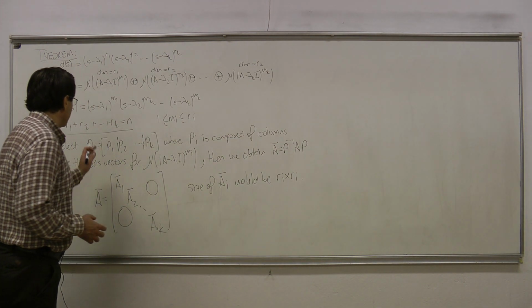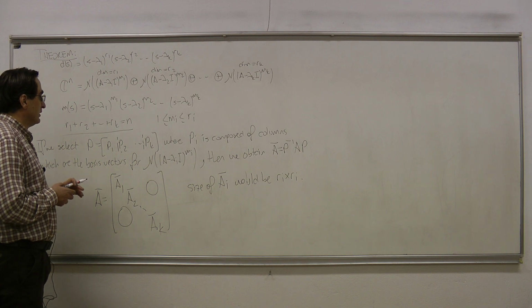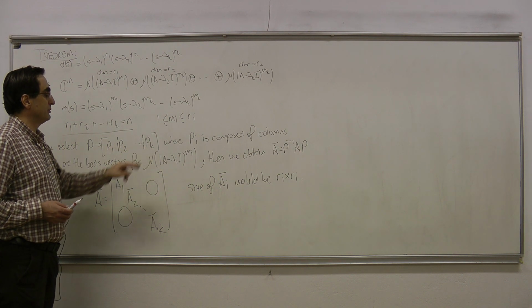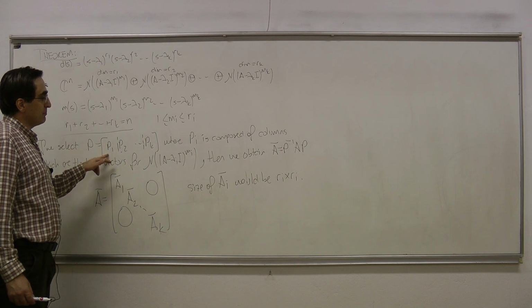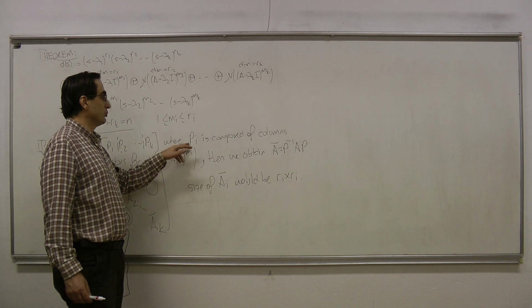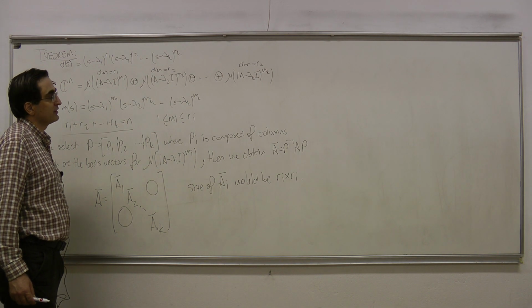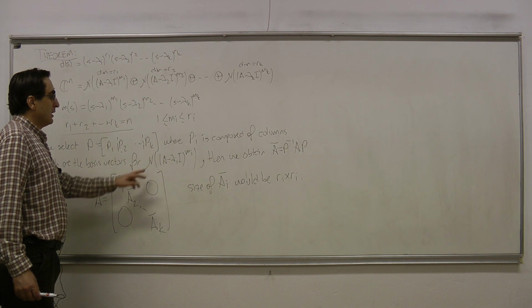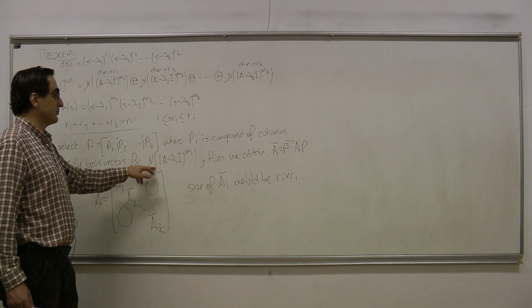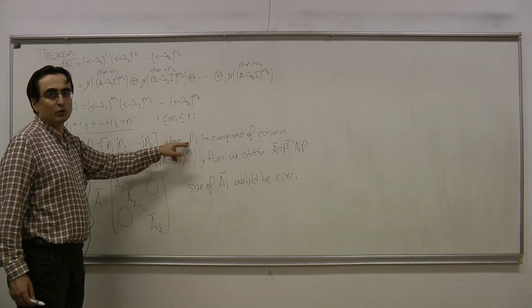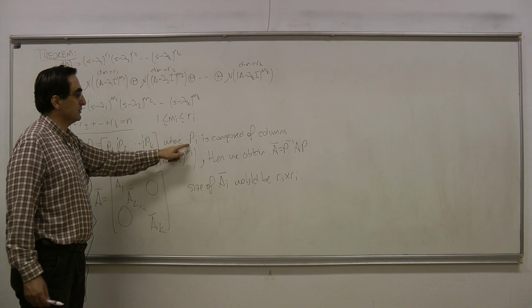So here, if I look at this P matrix, it is composed of k submatrices, P1, P2, Pk. And each of these submatrices should be composed of columns which are the basis vectors for the corresponding subspace. Okay? I know that the dimension of this subspace is Ri. That means that Pi should be composed of Ri columns.